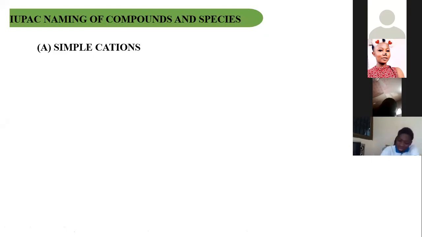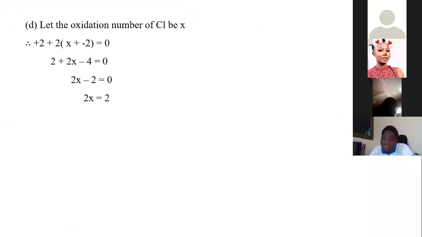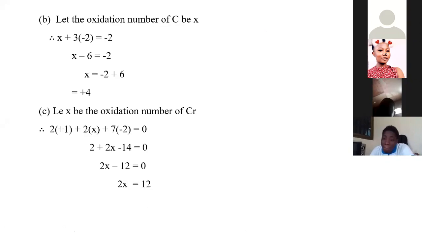So say sodium plus, potassium plus, Ca2 plus, Mg2 plus, Li plus, lithium plus. Simple. You see the radicals, I'm sending you back to the radical table.